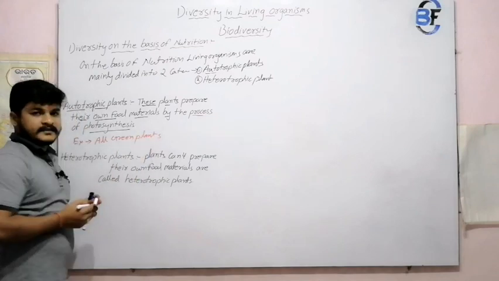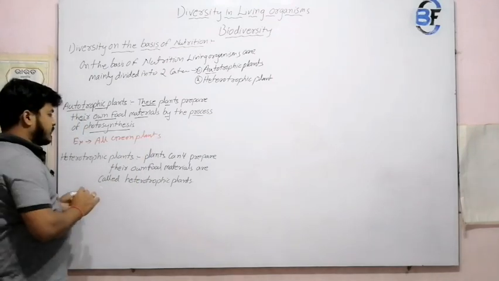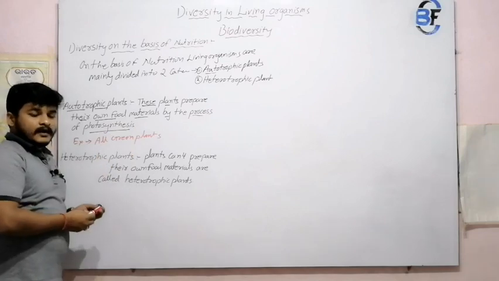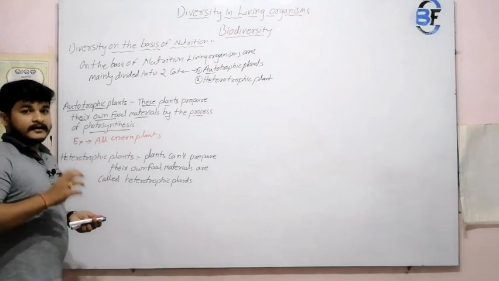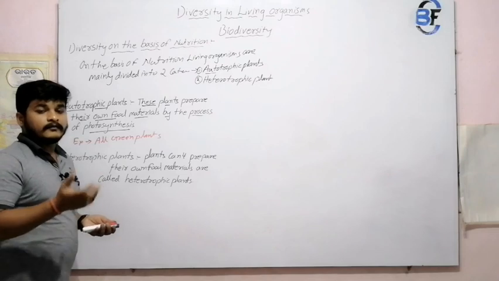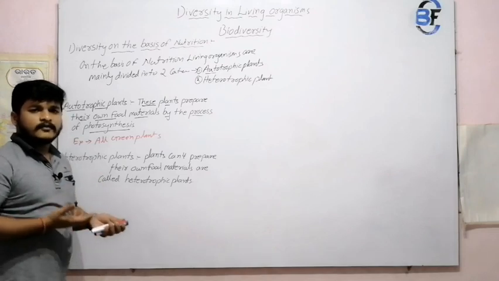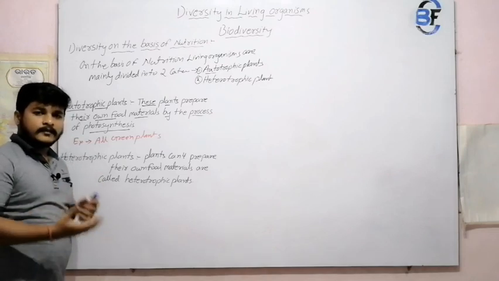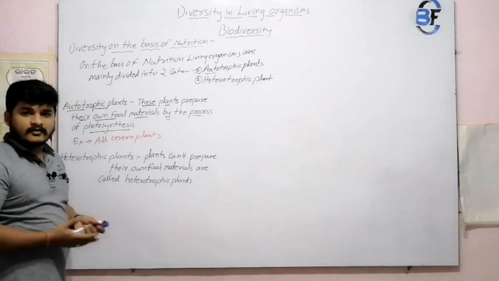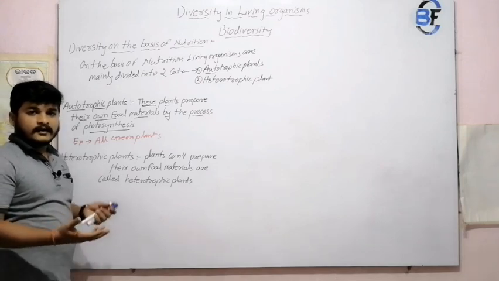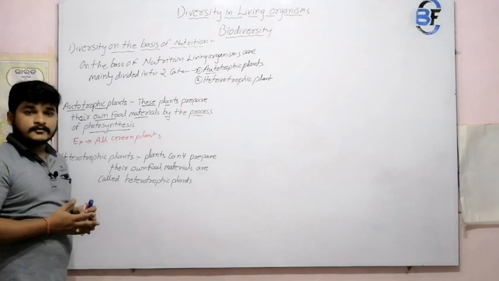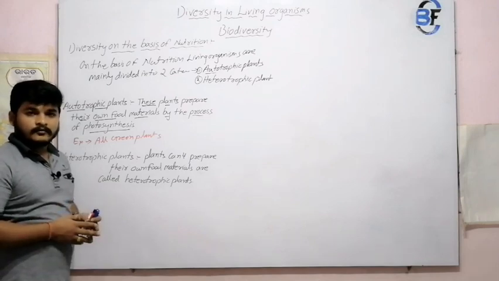These are the basic examples, but among these green plants, some plants cannot prepare their own food by the help of photosynthesis. Maybe the photosynthetic pigment is not active, or not there, by which they can photosynthesize. By the absence of photosynthesis they cannot prepare their own food.